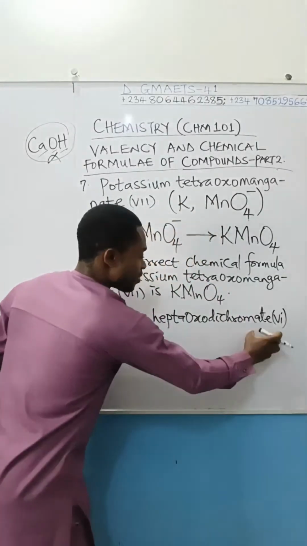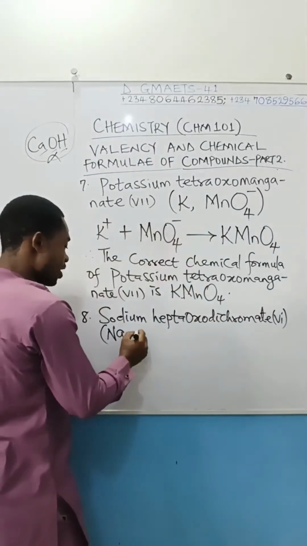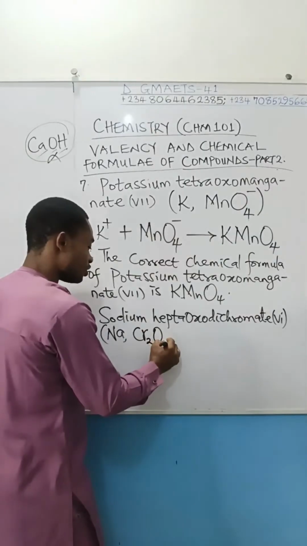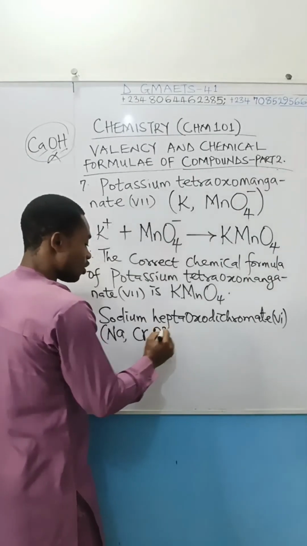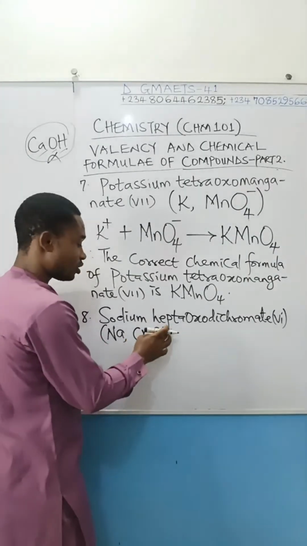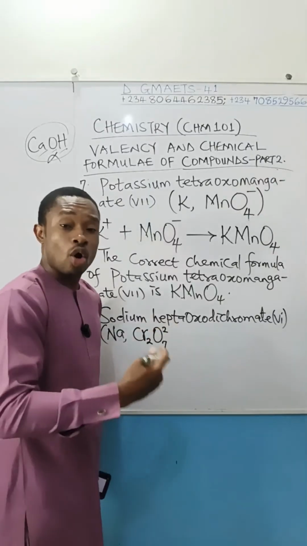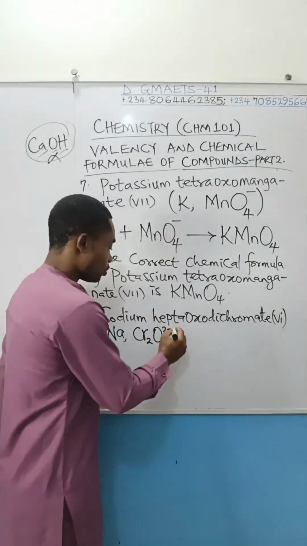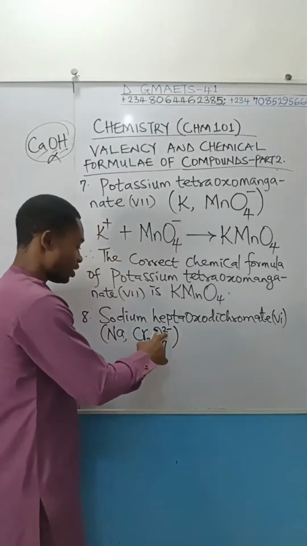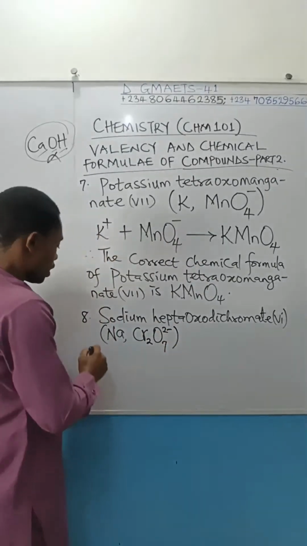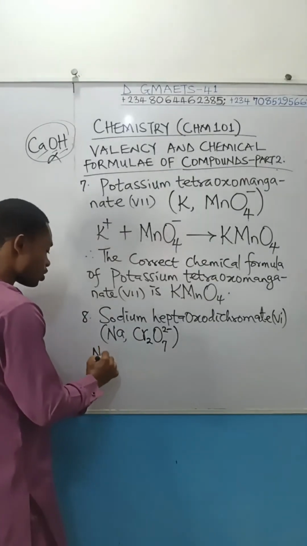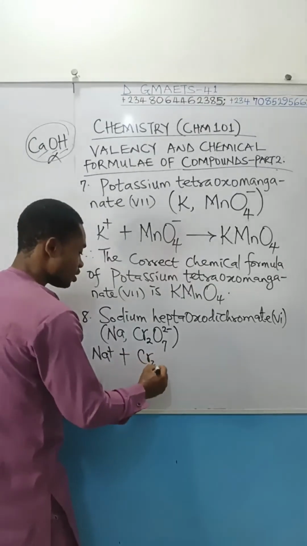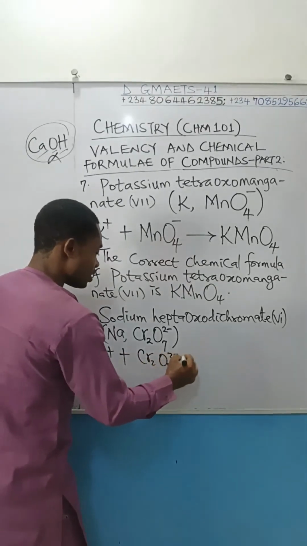This guy is a radical, an ion. And the radical is Cr2O7. The valency of this whole thing, Cr2O7, the combining power, is 2 minus. So we have the valency to be this. The formation of sodium heptoxodichromate 6 is obtained from the combination of these guys with their valency.